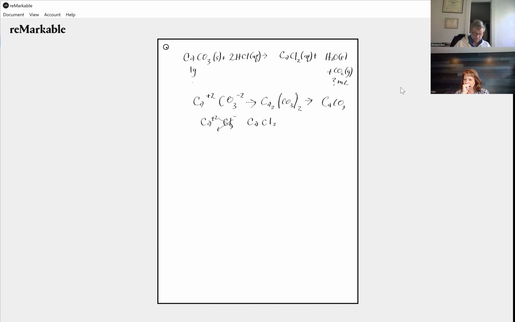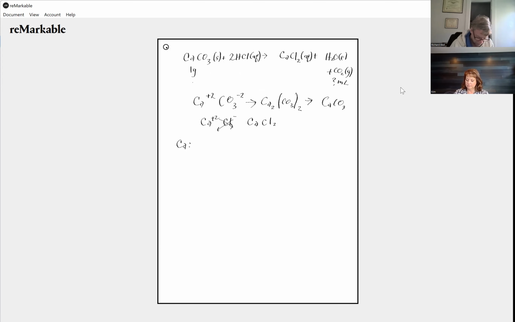So we know we're going to need the formula mass of calcium carbonate. Calcium, as I recall, is 40.08 grams per mole. Is that correct? This is why I don't have students memorize a periodic chart. Even if you remember it, you're going to double check. So I memorized. Let's see.